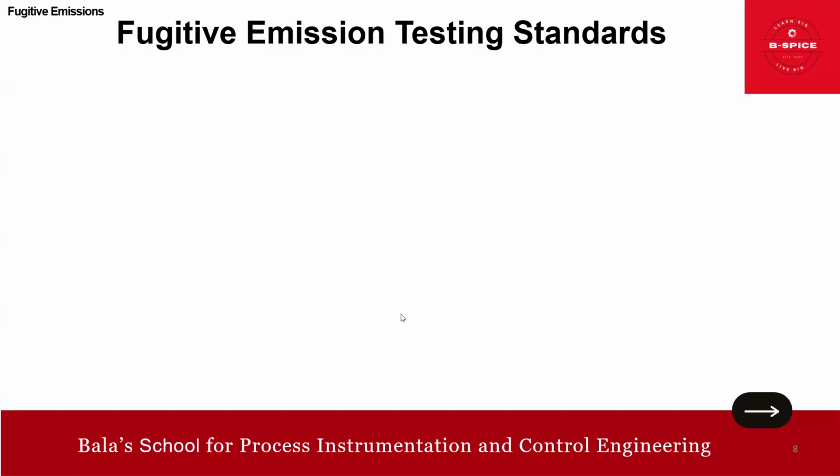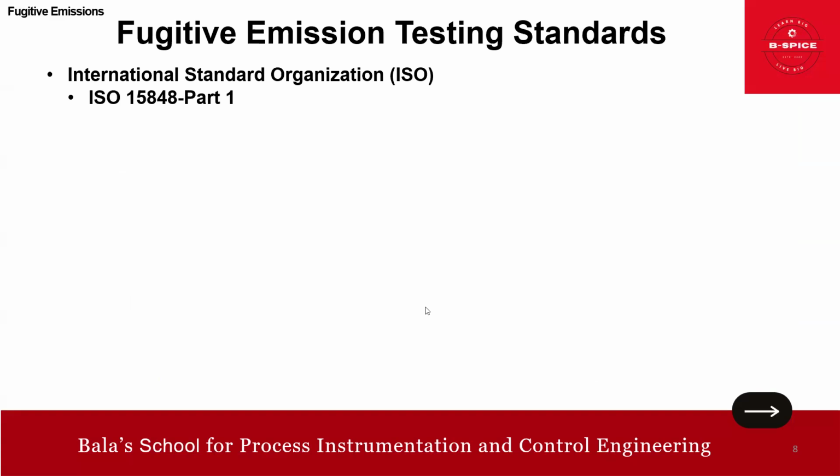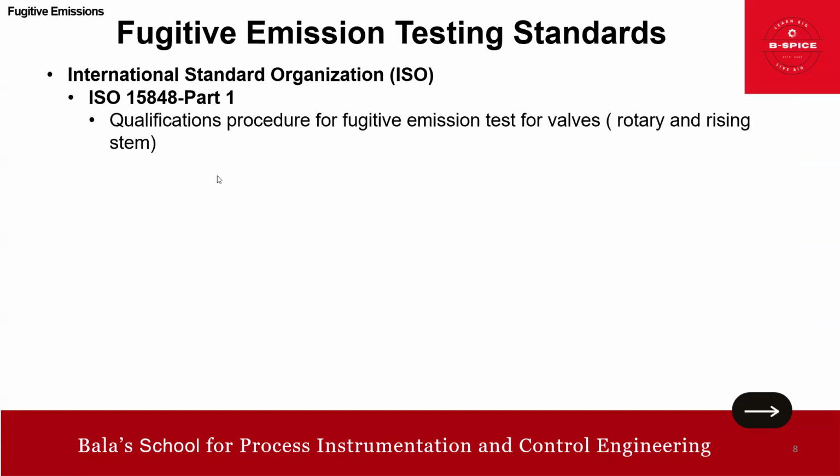Okay, good. Now we talk about the fugitive emission standards, meaning ISO and API. In ISO, we have ISO 15848 part 1. It talks about the qualification procedure for fugitive emission tests for valves, meaning rotary and rising stem valves.